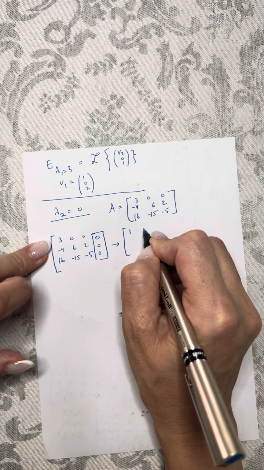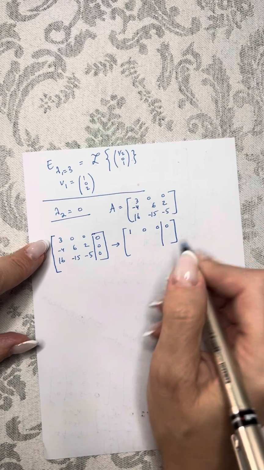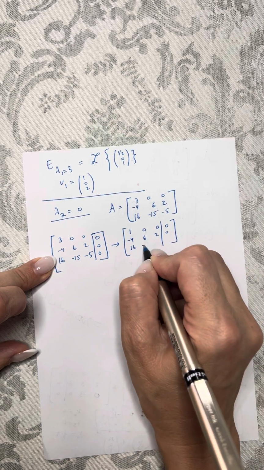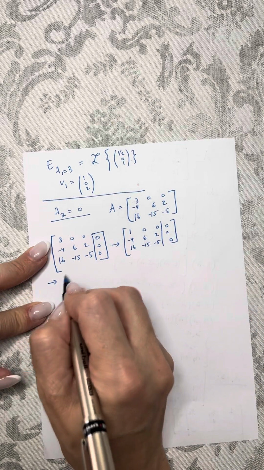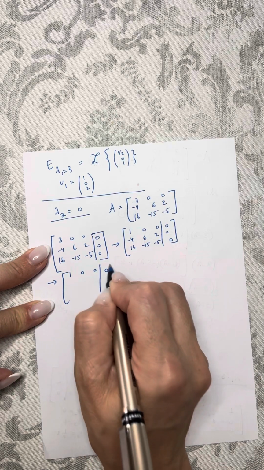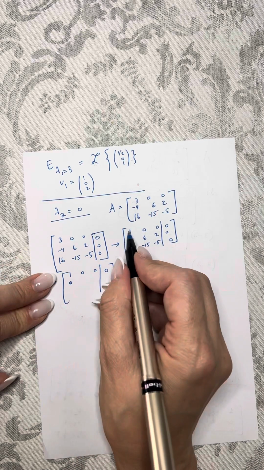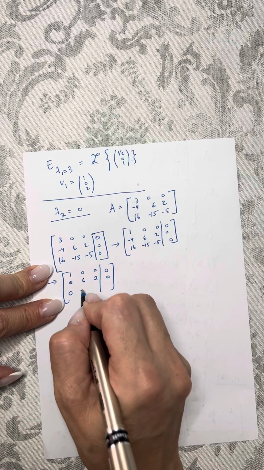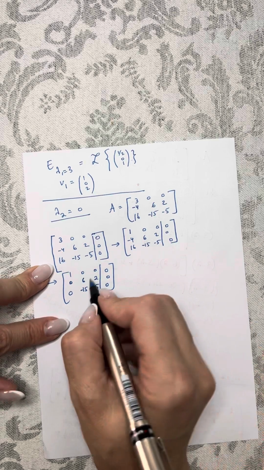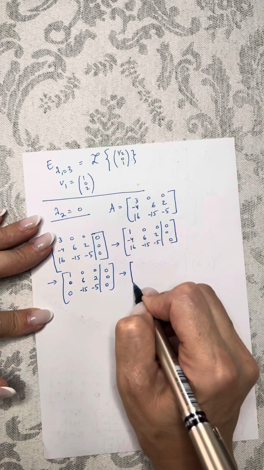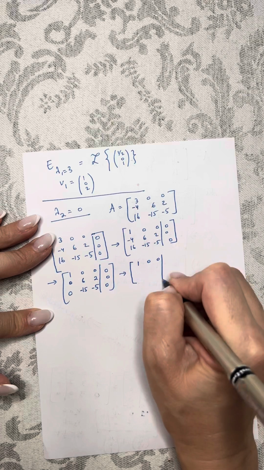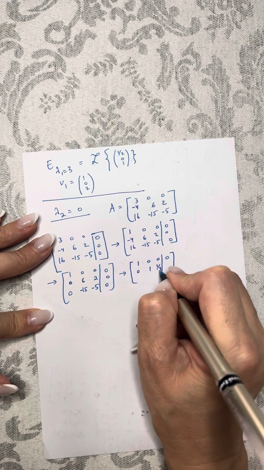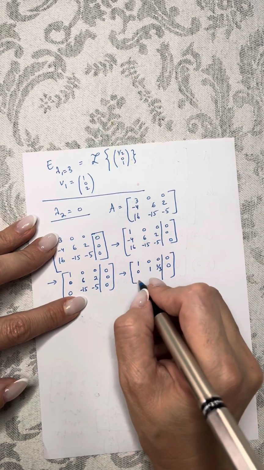Now I will change this to 1, and then eliminate. Four of this. It's minus 16 of that. Now divide this by 6. Two over 6 is 1 over 3. And divide this by minus 15.